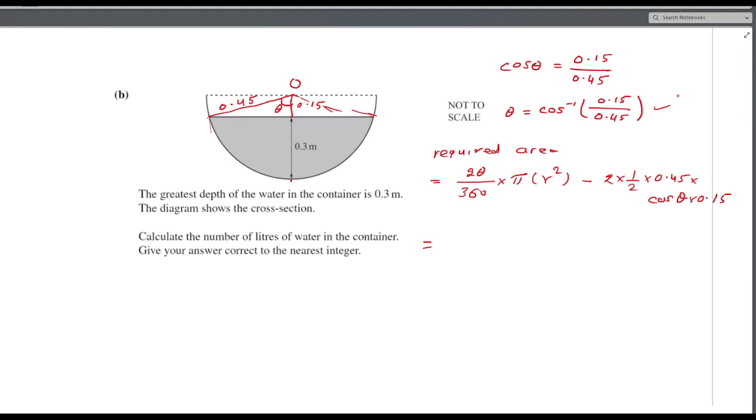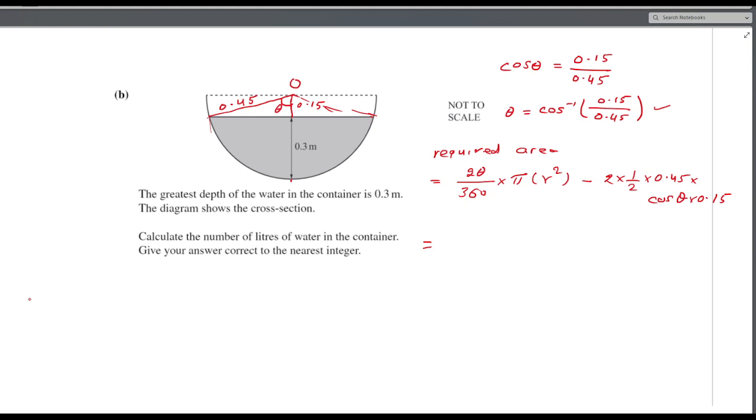2 times shift cos inverse, 0.15 divided by 0.45, divided by 360 multiplied by pi into r is 0.45 square. So this gives me 0.249 minus, this 2.5 will cancel. So I will say that minus 0.45 times cos theta is 0.15 upon 0.45.